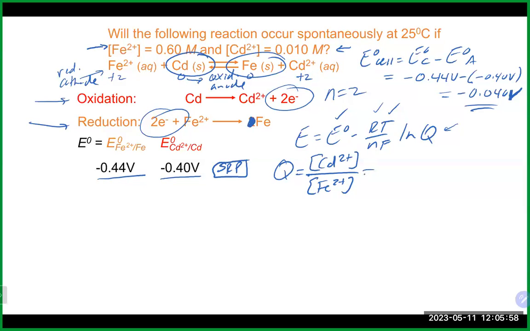So if we put these values in here, we got 0.01 for our cadmium and 0.6 there for our iron. And that gets us, call it, 0.016667 here. All right, at this point, I think we got everything we need on the right-hand side of the equation.